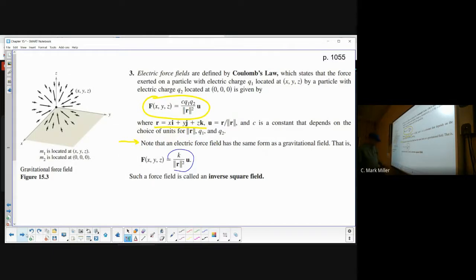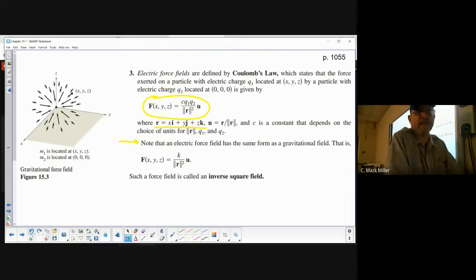Now, inverse square field, it turns out that, well, you just saw two of them. Gravity is an inverse squared field, which we just said. But what does that mean?